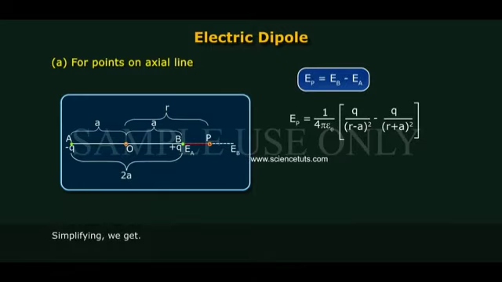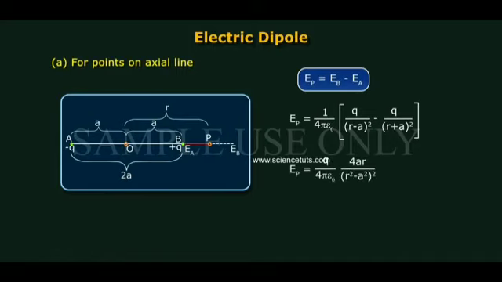Simplifying, we get EP is equal to Q by 4 pi epsilon naught for 4AR by R square minus A square whole square.